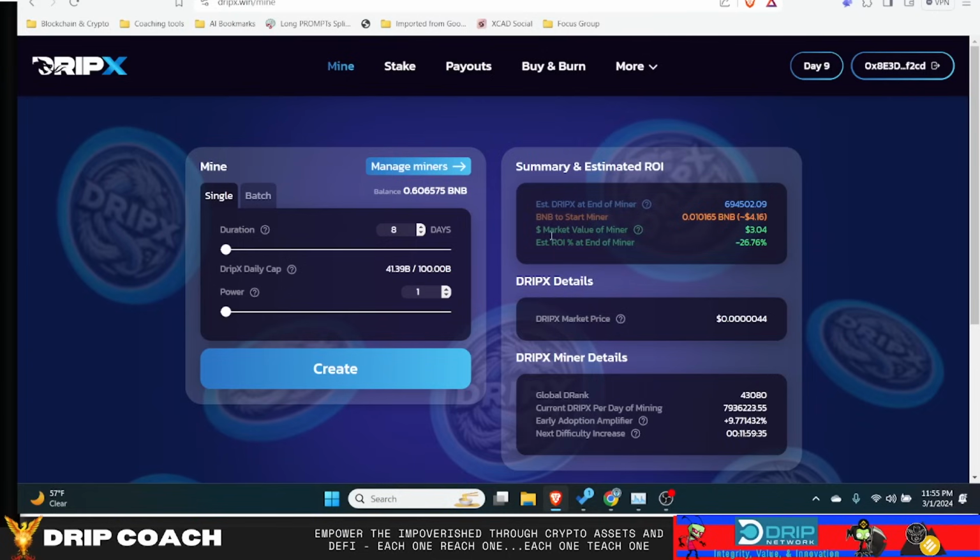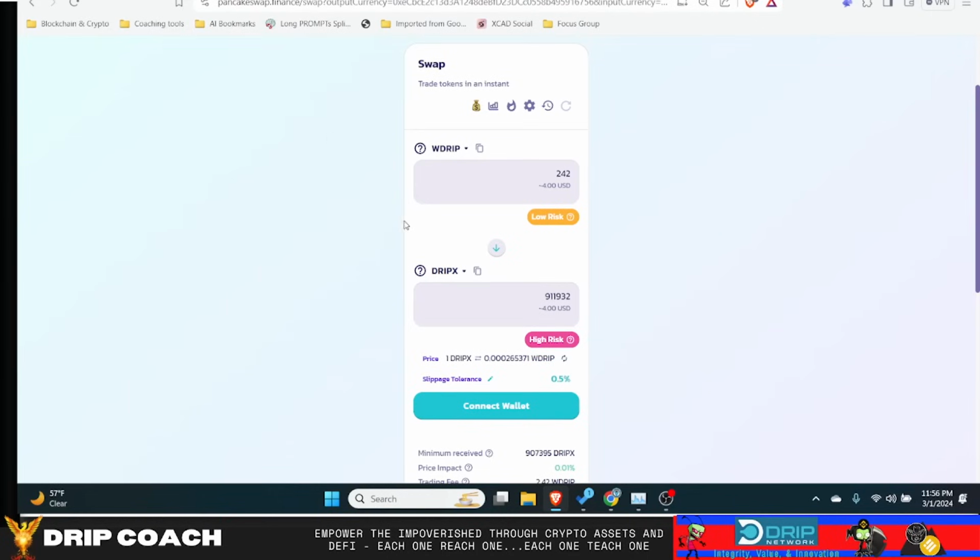But right now, a 1 power miner is going to cost you about $4.16, and that's going to give you 694,502 DripX tokens at the end of 8 days. And if you come over to the exchange and do the same $4, actually a little less, so let's try to get like 416.